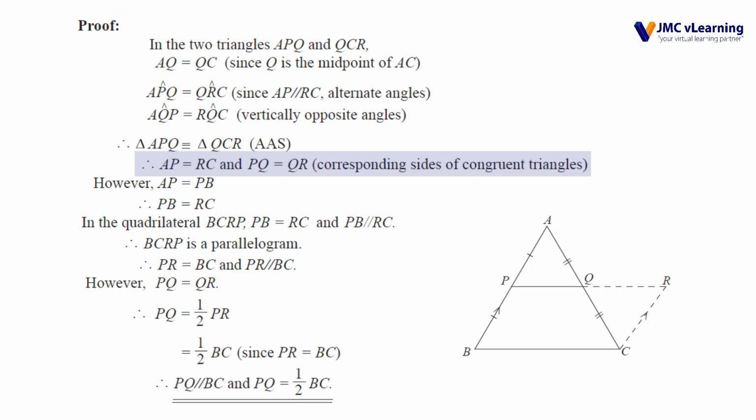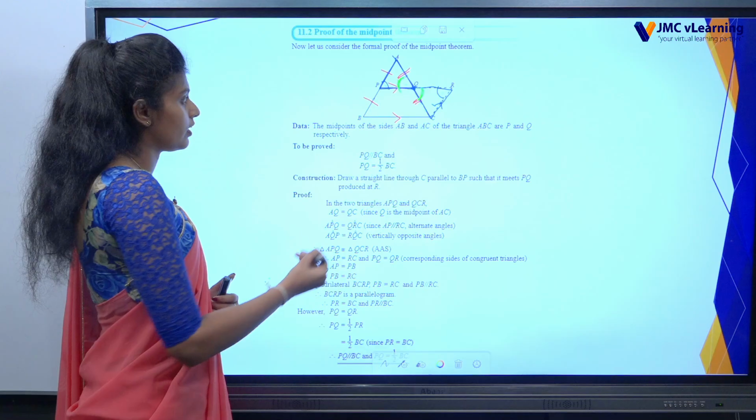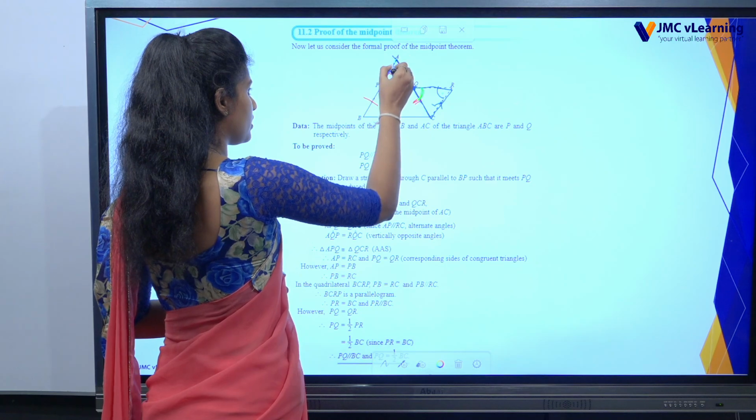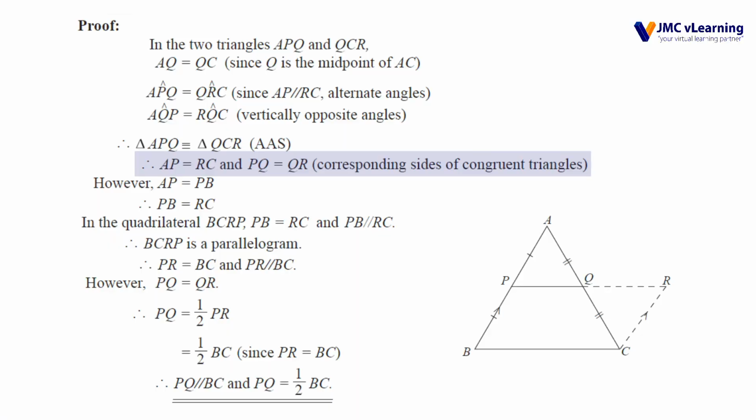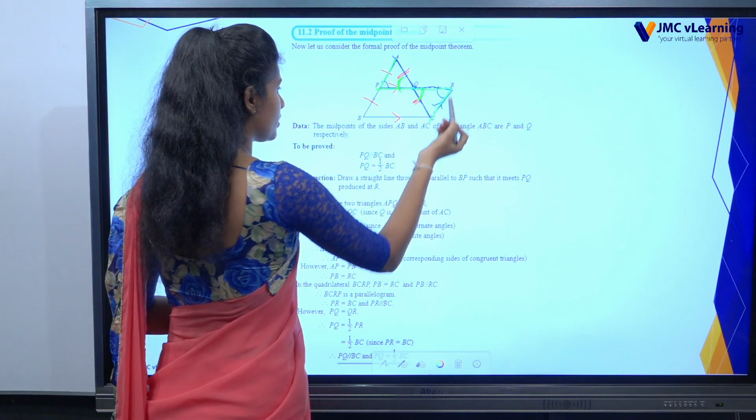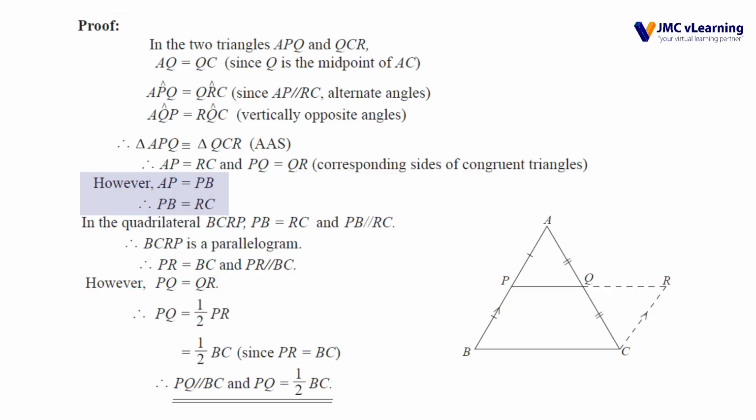Therefore, AP is equal to RC, and PQ is equal to QR. However, AP is equal to PB, we know it, and PB is equal to RC.